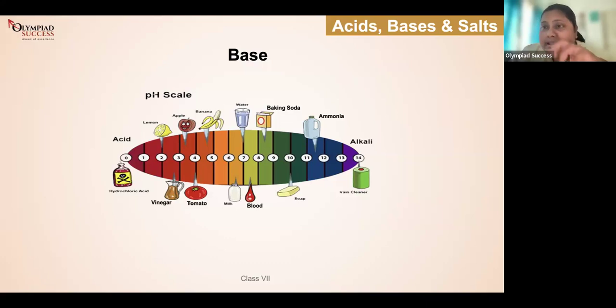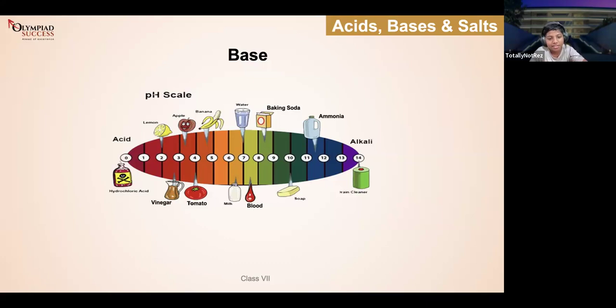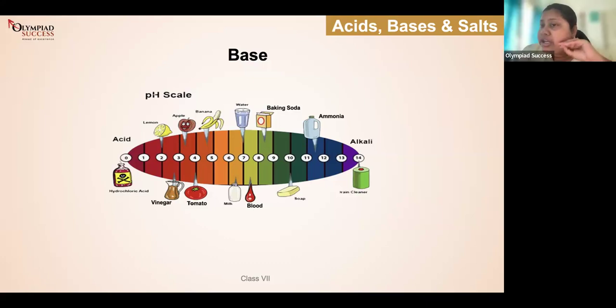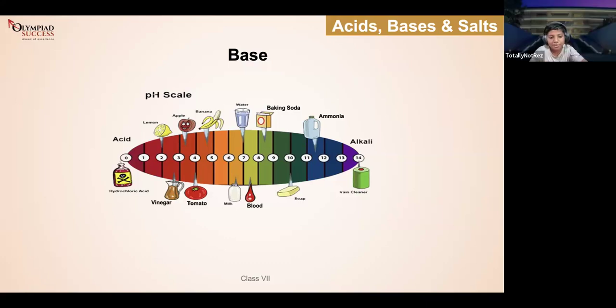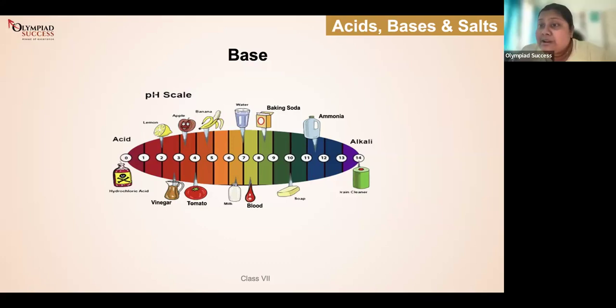Milk, banana, they are all mild acids. Whenever you have acidity, a doctor will never ask you to eat banana. If you ever have acidity, doctors will tell you to avoid banana, and lemon and apples, and tomato. Why is tomato acidic? Because they have citric acid, they are also citrus in taste.